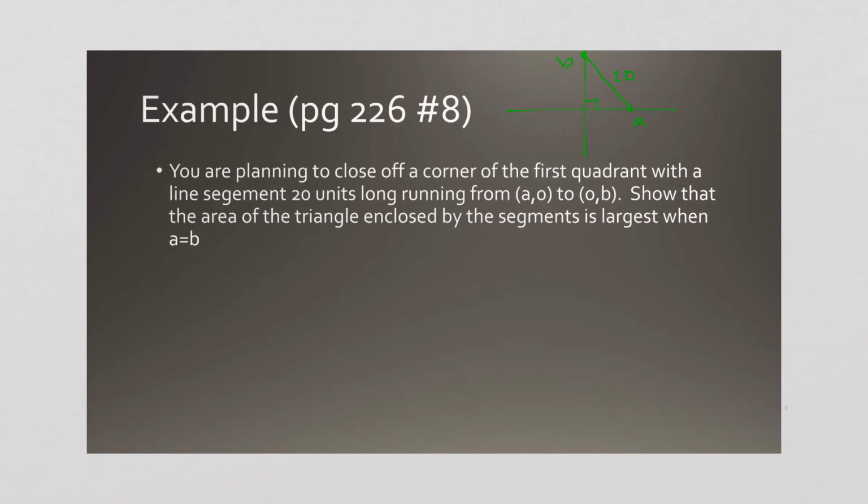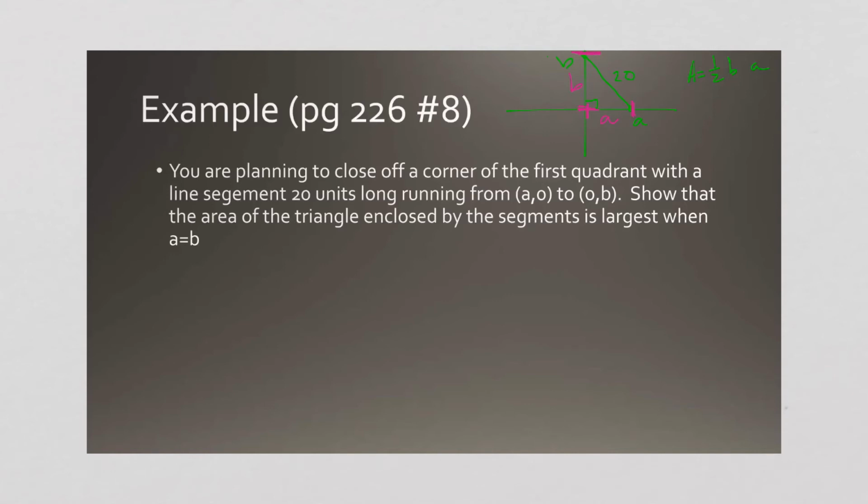We have our area, 1/2 b times a. Now notice, I say b times a because this distance from here to here is a, and the distance from here to here is going to be b. So my base is a, my other leg is b, my hypotenuse is 20. So area is 1/2 b times a.